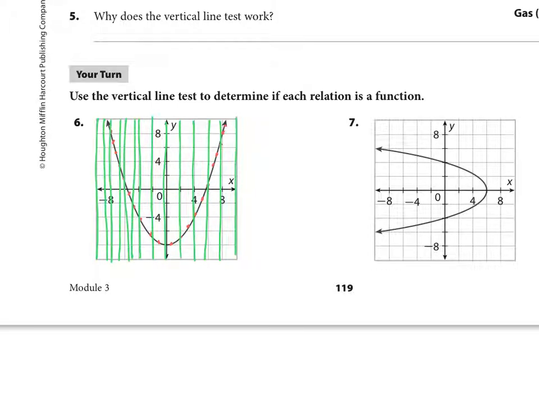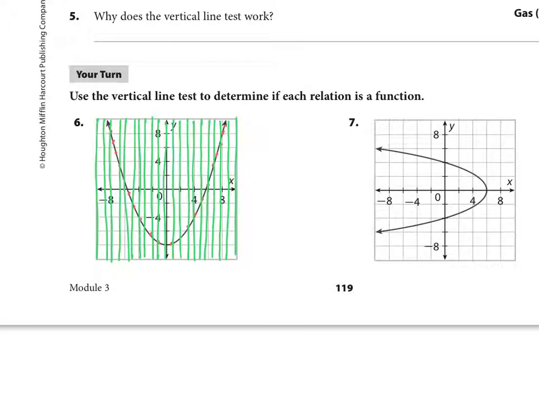And the question here is, do any of these vertical lines touch the graph more than one time? So can I pick a vertical line that touches the graph more than once? So I drew maybe too many vertical lines, but you need to think of every single one anyway. So do any of these vertical lines touch the graph more than once?